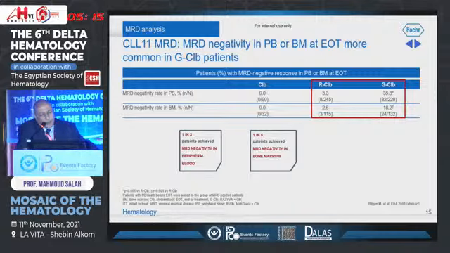The MRD negativity rate in the peripheral blood was 35.8% in the Gazyva chlorambucil arm, comparing with 3.3% in the rituximab chlorambucil arm. And the MRD negativity rate in the bone marrow was 18% in Gazyva chlorambucil, comparing with 2.6% in the rituximab chlorambucil arm.